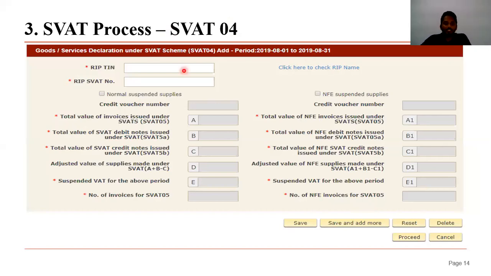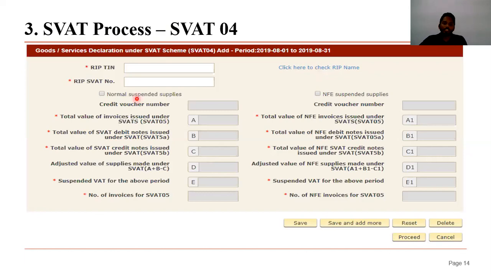In this case, the supplier needs to enter RIP, purchaser team, purchaser SVAT number, and soon after entering these figures, you need to click here to see whether we have entered the correct person. Then the system will show, this is ABC, and their email address and contact detail also.